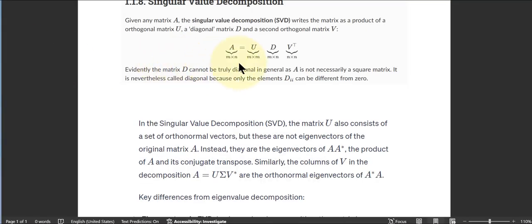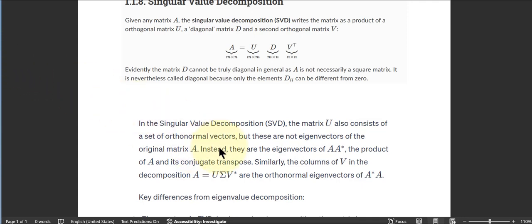Remember that before, U was the eigenvectors, an orthonormal set, so they were all perpendicular. Now in the singular value decomposition, it's also going to be an orthonormal set of vectors, but it's not going to be the eigenvectors of the original matrix A.